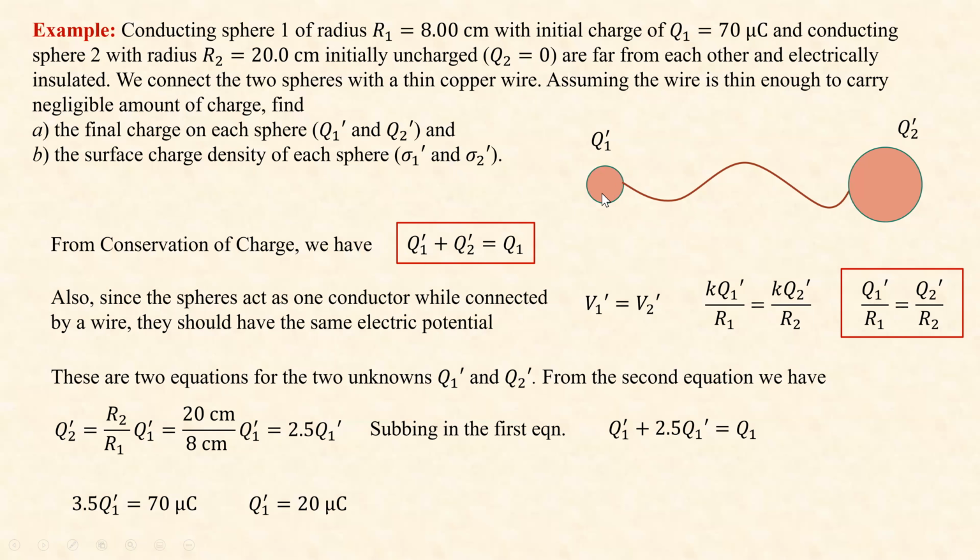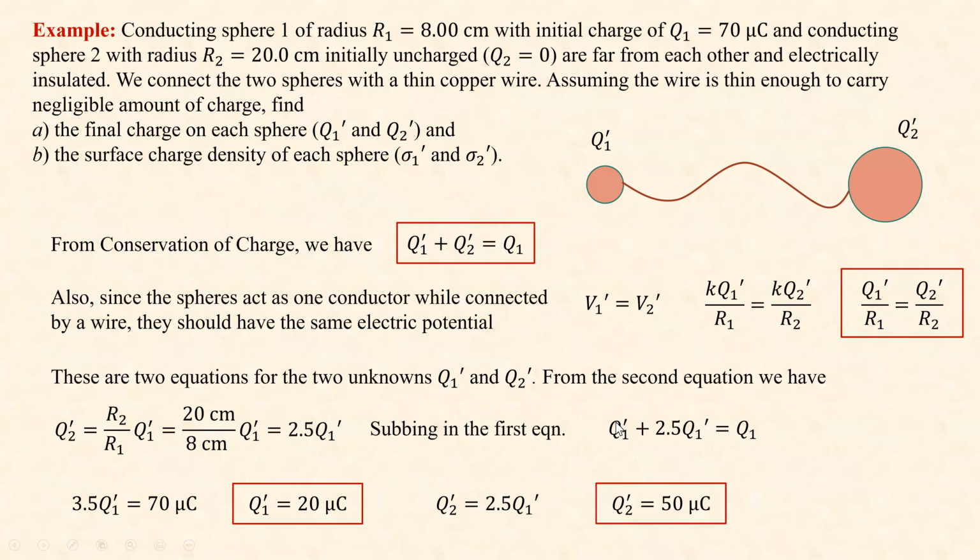Now it has 20 microcoulomb. Where is the rest? On the other one. So Q2 prime is 2.5 times that, which is 50 microcoulomb. So these are the solutions. All right, so this is part A. Q1 prime and Q2 prime we found: 20 and 50.